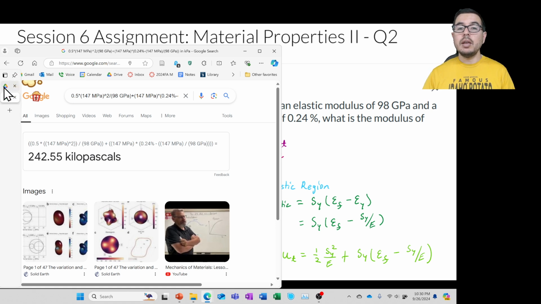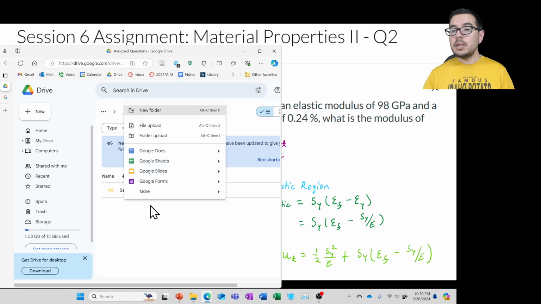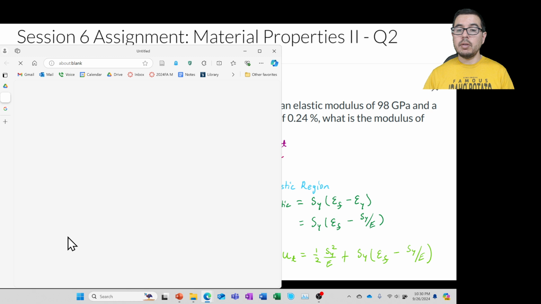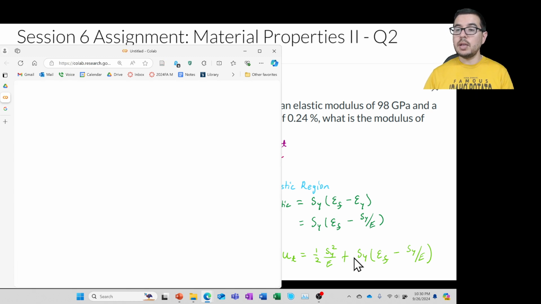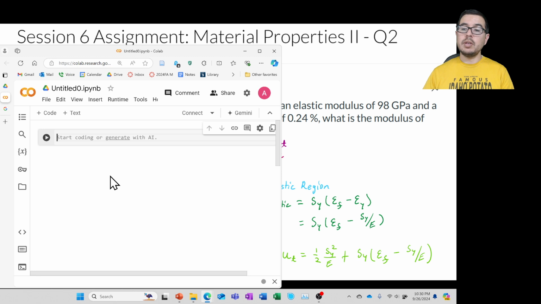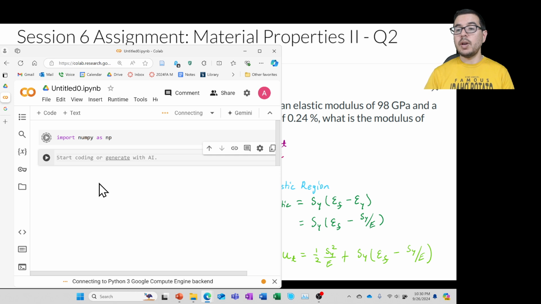The other way we can go about doing this is to use Colab. And maybe this is a case where using Colab is good because we can assign numbers to these parameters, and if something changes in the problem, we can just change the variable values. So we're going to do import numpy as np, control enter. We're going to start defining things.